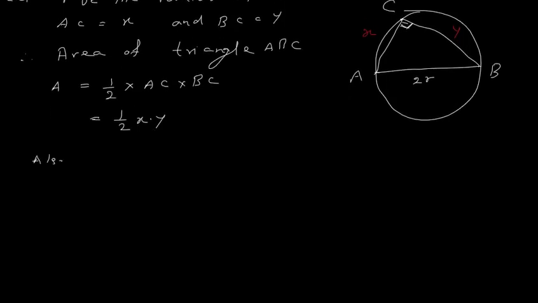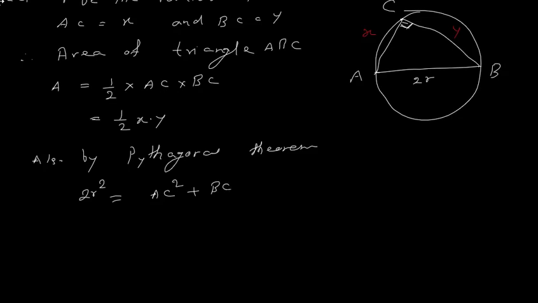Also by Pythagoras theorem, we have 2r the whole square is equal to AC square plus BC square, that is x square plus y square is equal to 2r the whole square, that is 4r square.